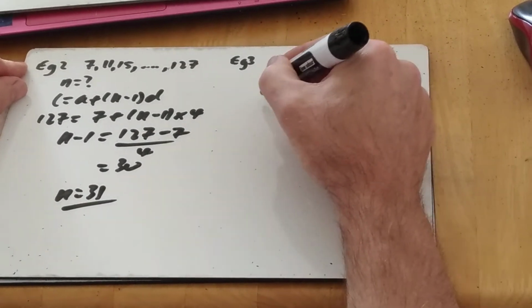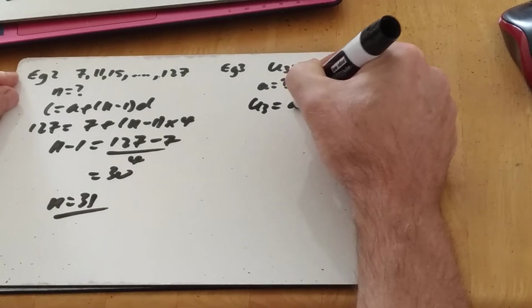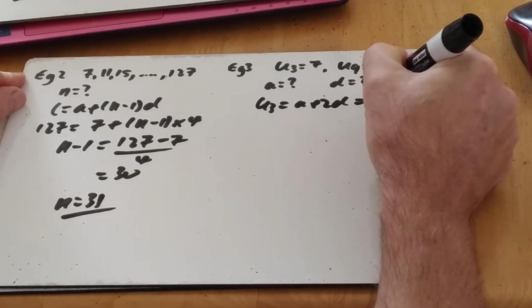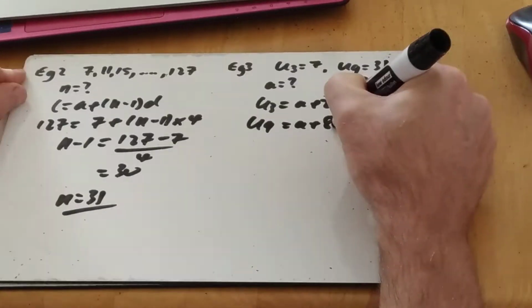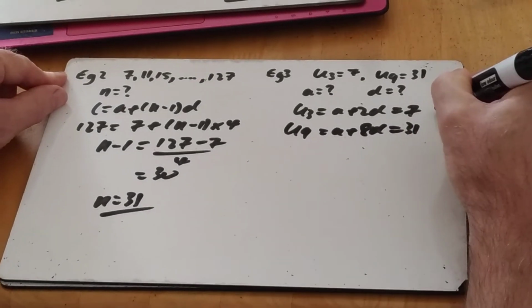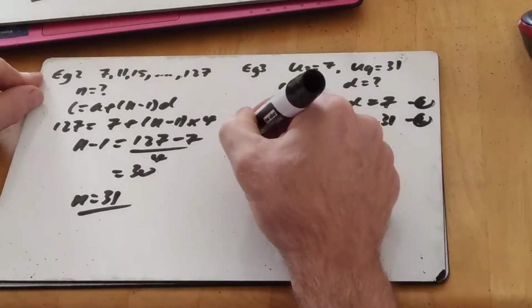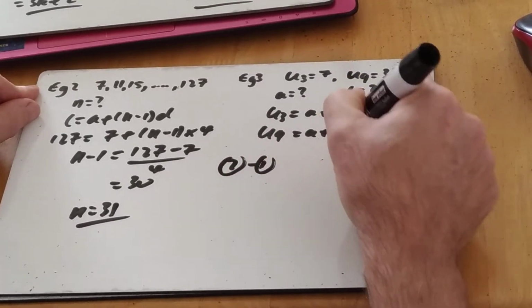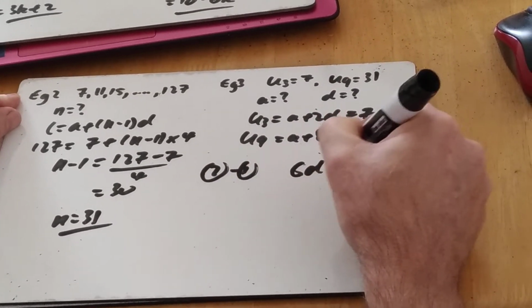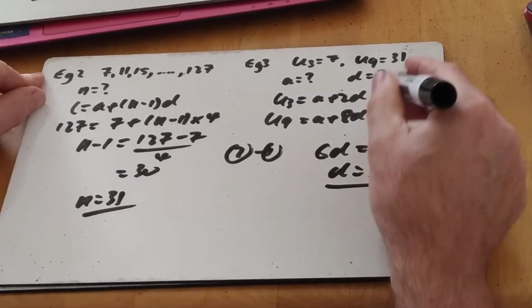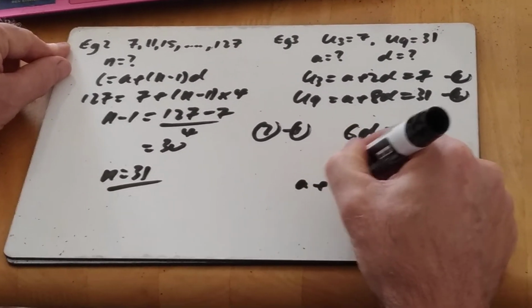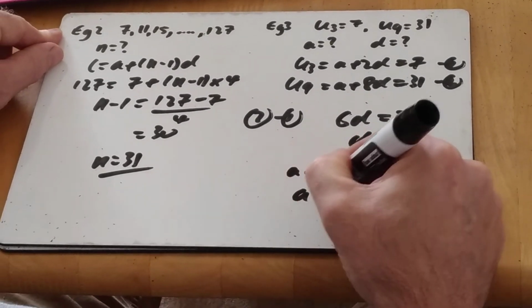U3 equals 7. I know that U3 equals A plus 2D equals 7. And U9 is A plus 8D, which is 31. And if I do equation 2 minus equation 1, we get 6D equals 24, D equals 4, and stick it into the first one, A plus 8 equals 7, A equals minus 1.